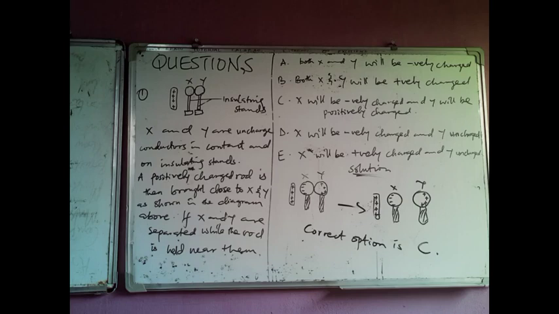B, same in sign but greater. C, opposite in sign but greater. D, opposite in sign but less. And option E says opposite in sign and equal.